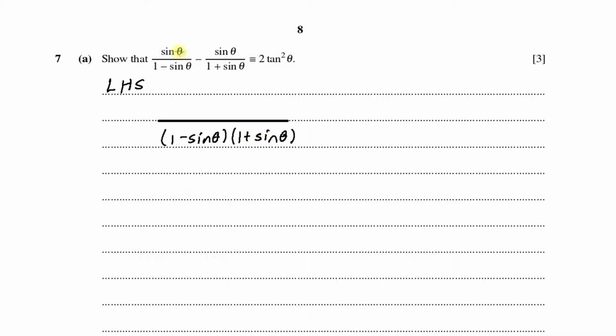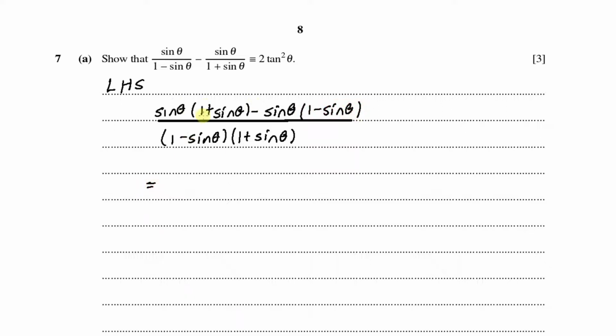And I'm going to multiply sine theta by 1 plus sine theta. So that would be sine theta bracket 1 plus sine theta. And I'll multiply again minus sine theta times 1 minus sine theta. So that would be minus sine theta bracket 1 minus sine theta.